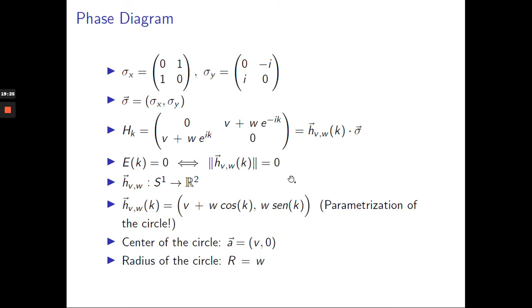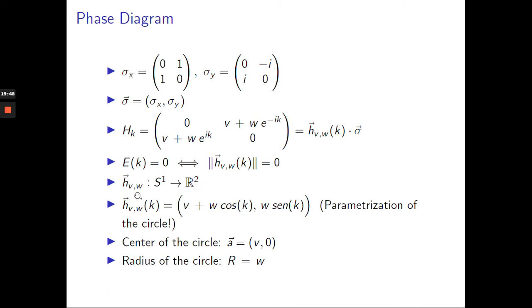By looking at this, we can see that the Hamiltonian having eigenvalue 0 is exactly the same as this vector being the zero vector.